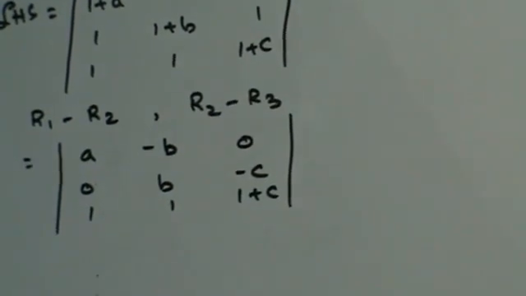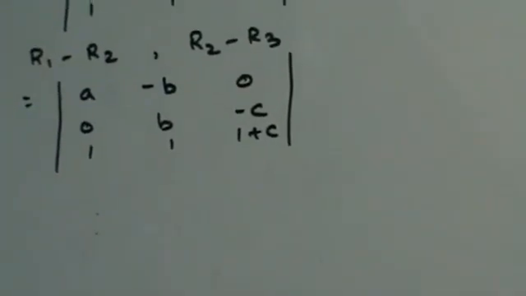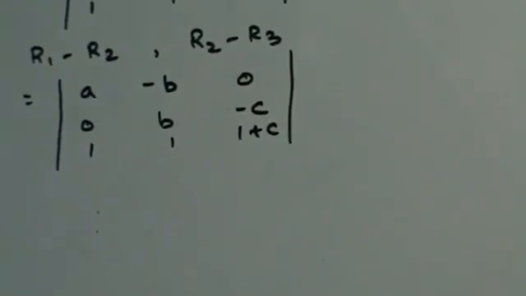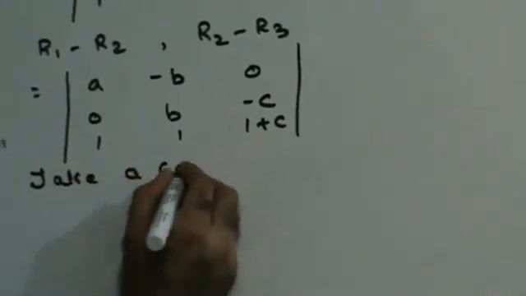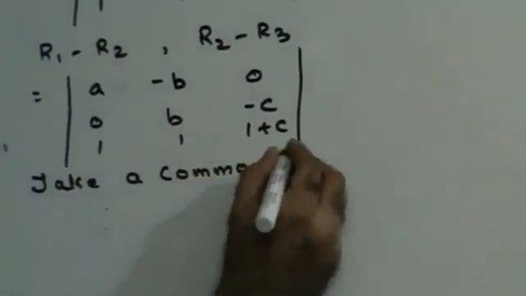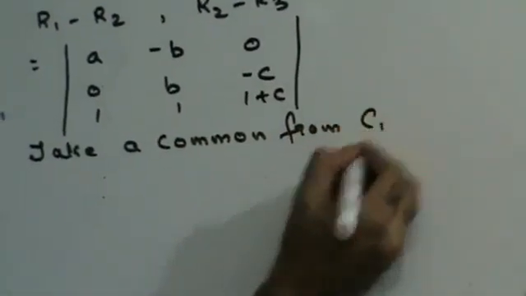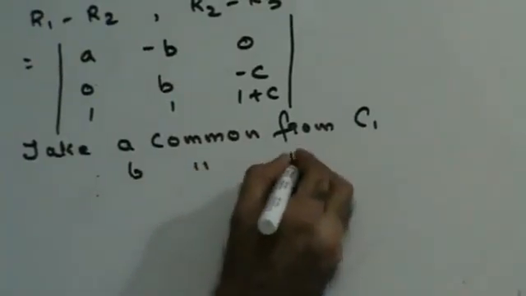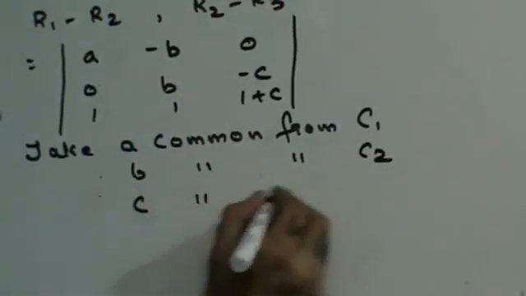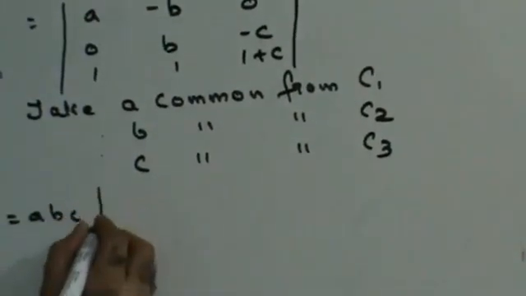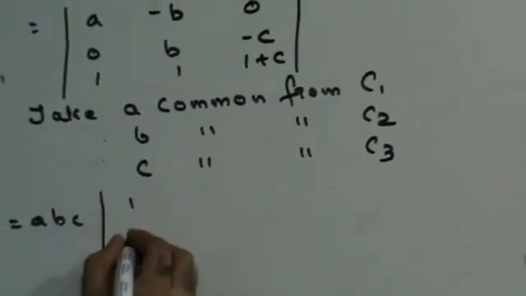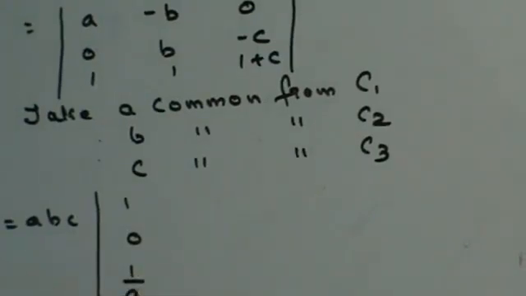Now if you look at your RHS, I need a, b and c common, right? Suppose I say take a common from C1, b common from C2 and c common from C3. So abc will come out. A common, so this will become 1 0 1 upon a.